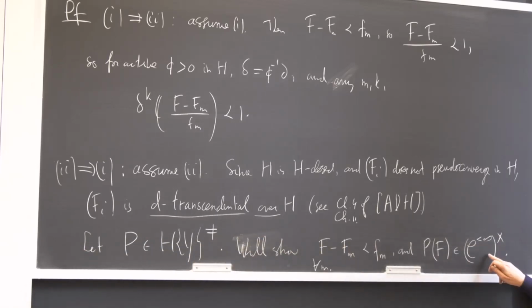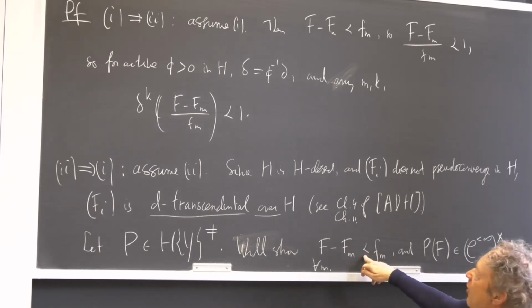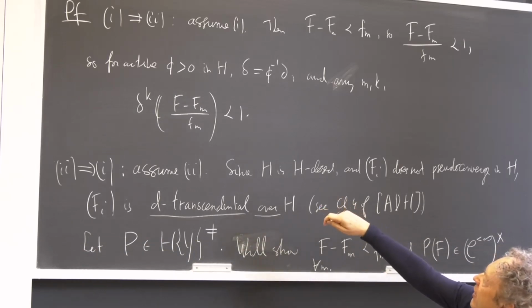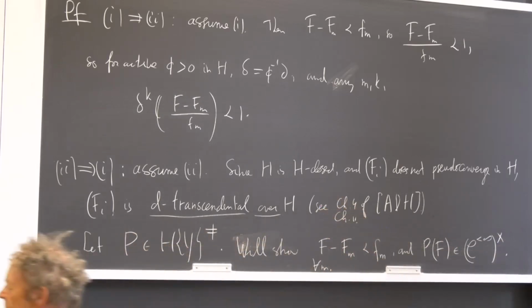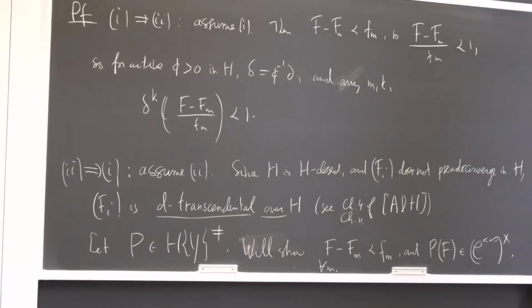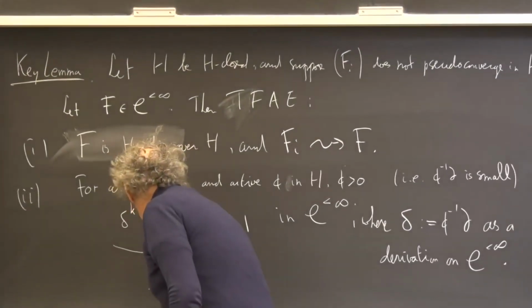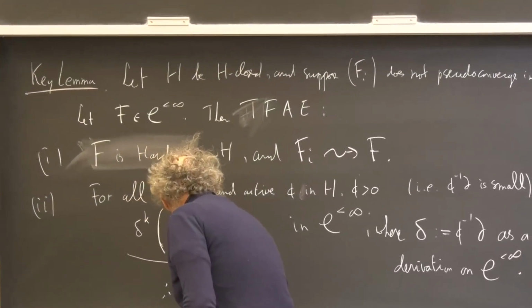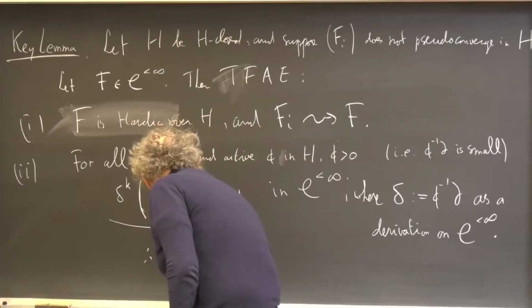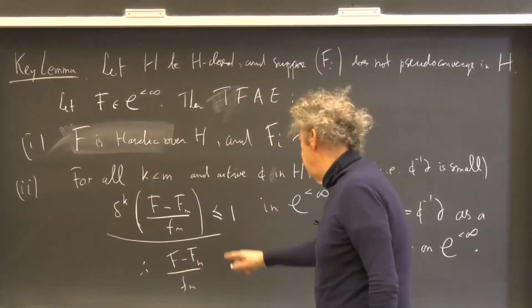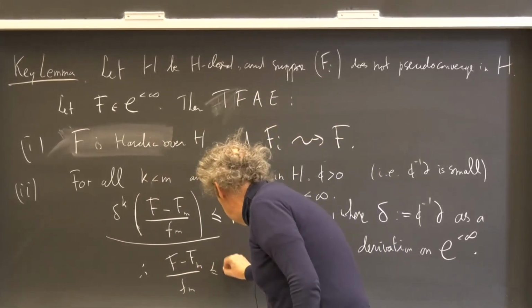Okay. Well, this is kind of almost obvious from the first thing. If you apply this for k equal to 0, you get that F minus Fm is bounded.